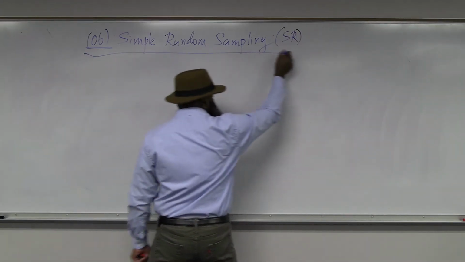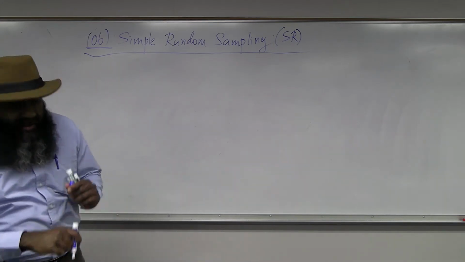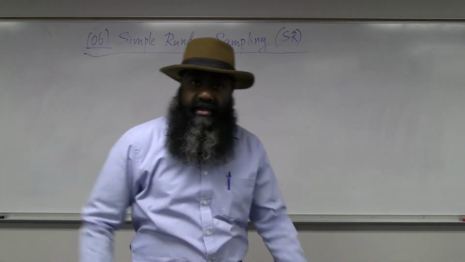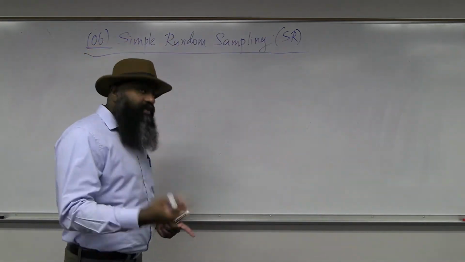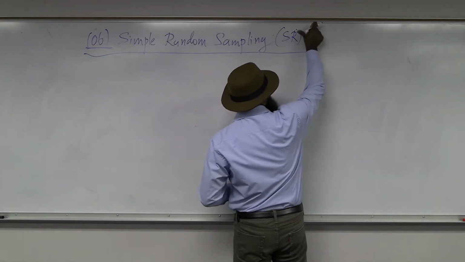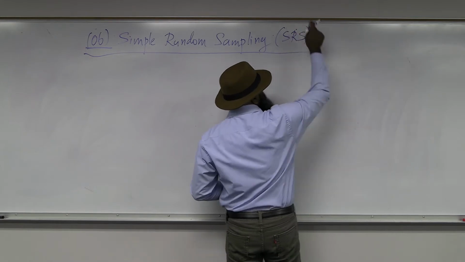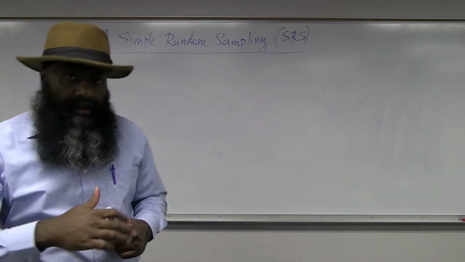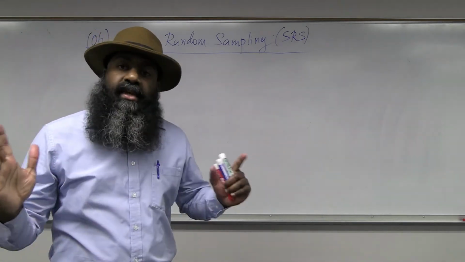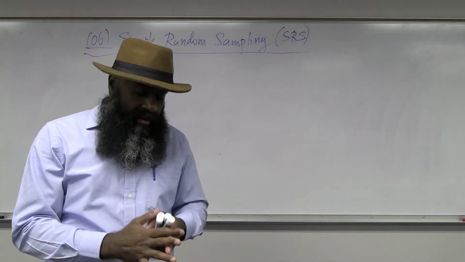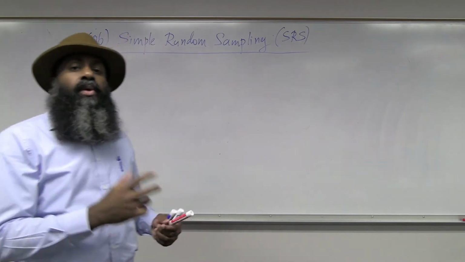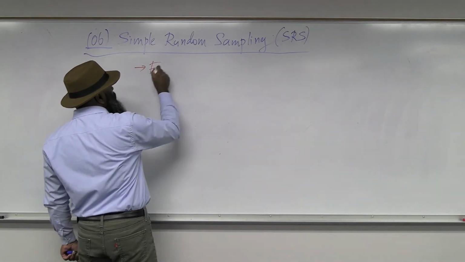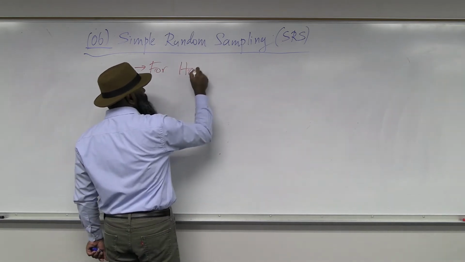And there's another sampling technique which also has S, R, and S as the initials, but we don't abbreviate that one as SRS. Okay? SRS stands only for simple random sampling. All right, let's see what is simple random sampling. We do simple random sampling for homogeneous populations.